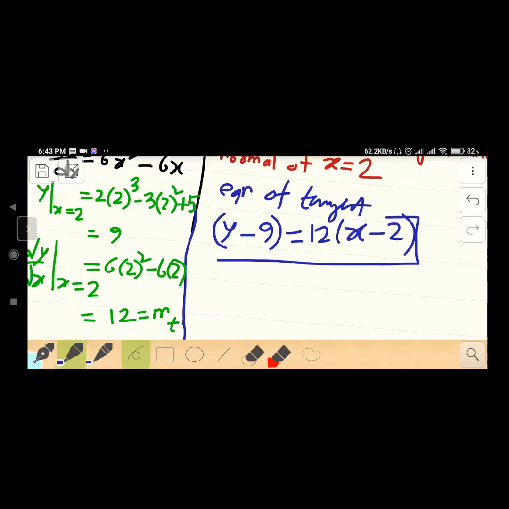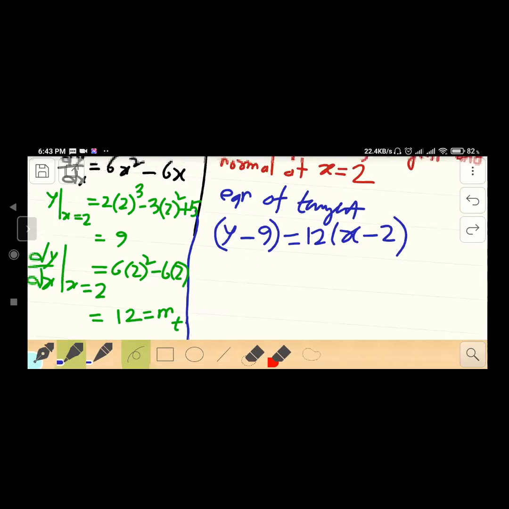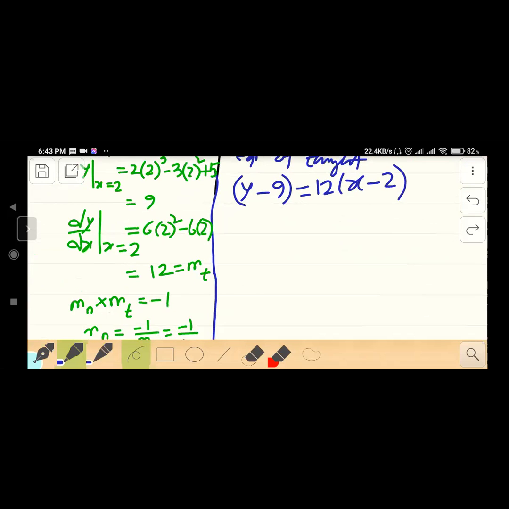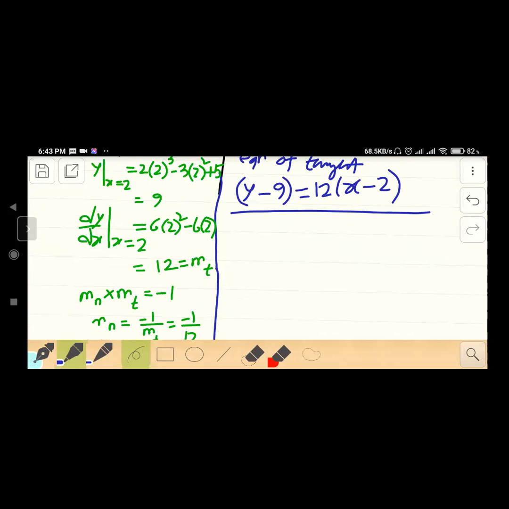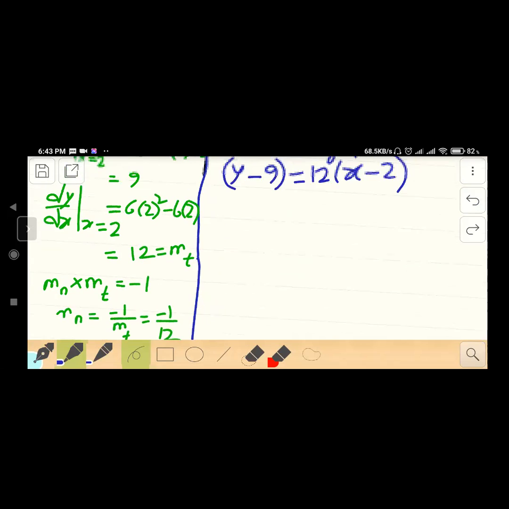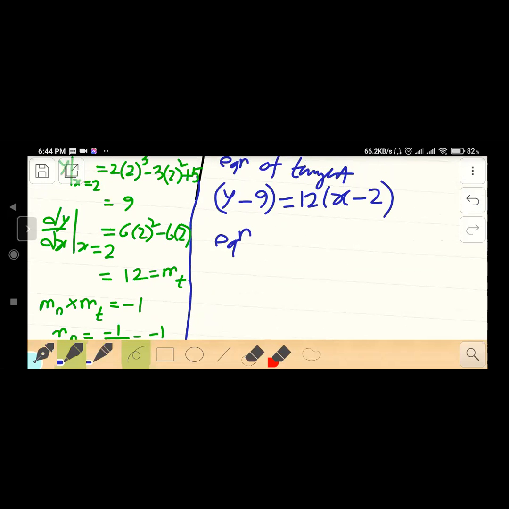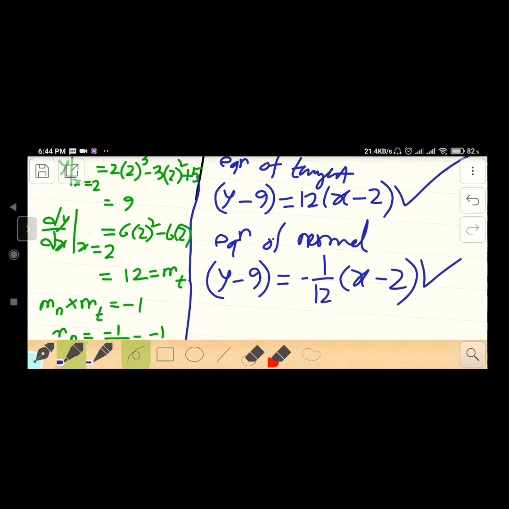Now evaluate this equation to find an appropriate one, or if you keep this as the answer, that will also be correct. Now equation of normal. Again, y minus y1 equals gradient into x minus x1. You can keep this as the answer, no problem.